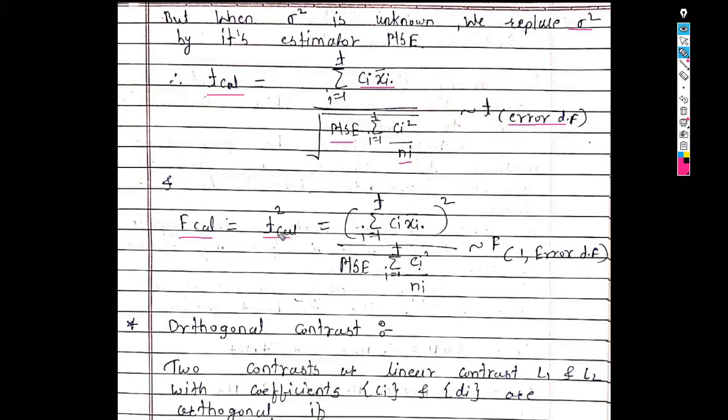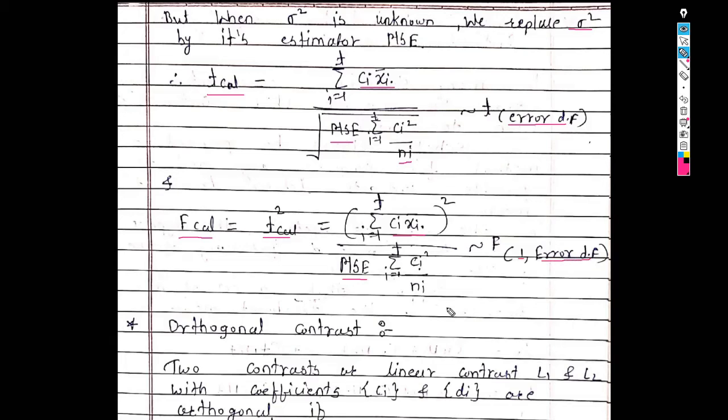So F calculated is the square of t calculated, and it can be defined as summation ci into xi dot bar, bracket square, upon MSE into summation i varies from 1 to t, ci square upon ni, and this follows an F distribution with 1 and error degrees of freedom.